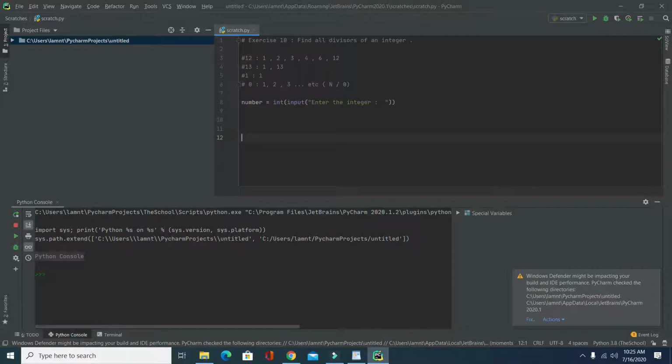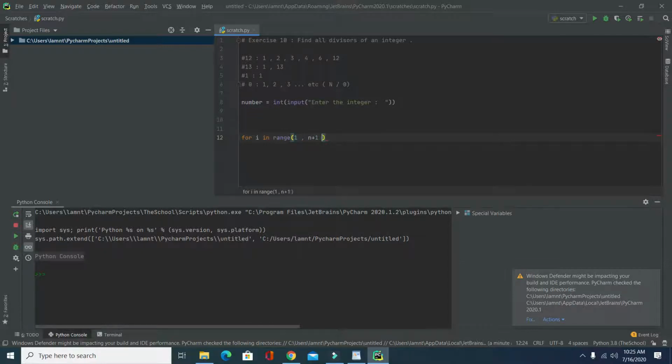For i in range, we want to check from 1 because nothing can be divided by 0, so 1 to n plus 1.